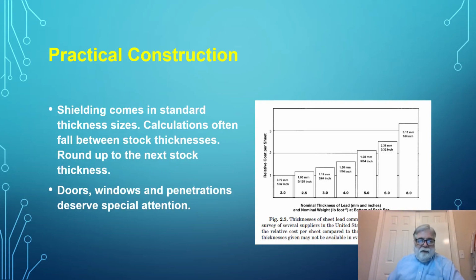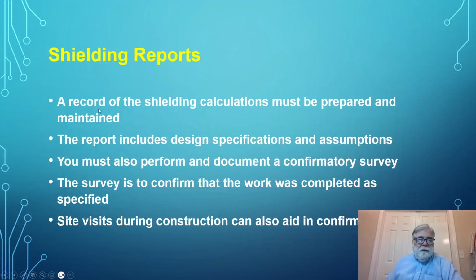There are products that are designed specifically to prevent that. Penetrations for electrical or ventilation. In addition to doing the calculations, you need to prepare a report that documents the calculations. The requirements for that are specified in NCRP 147 as well.